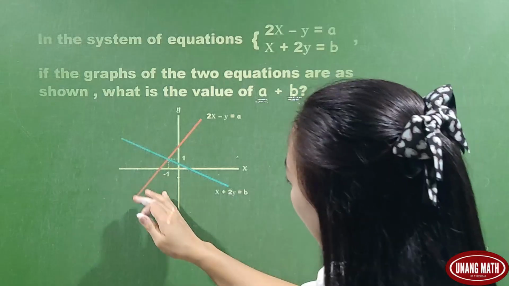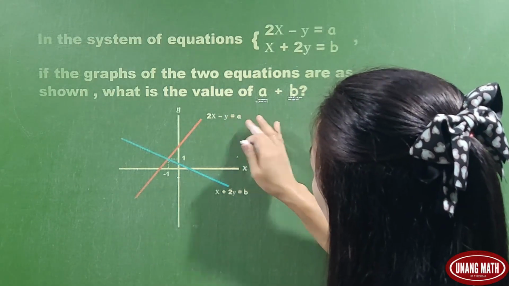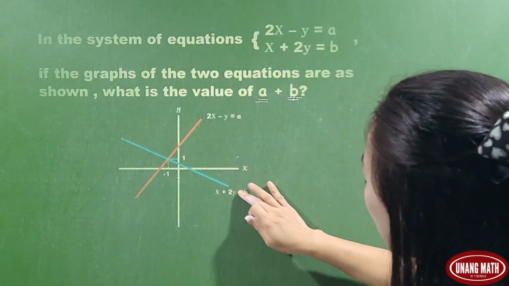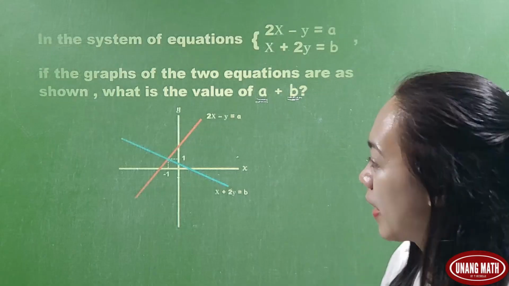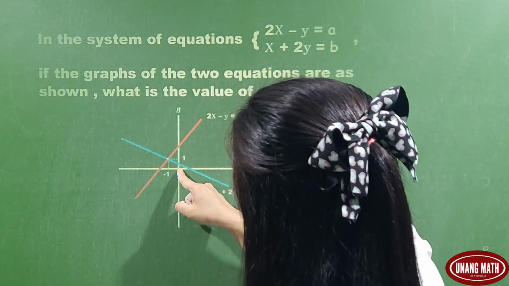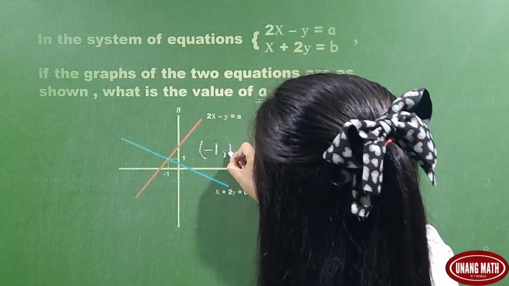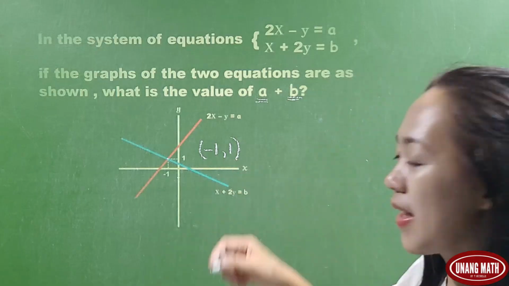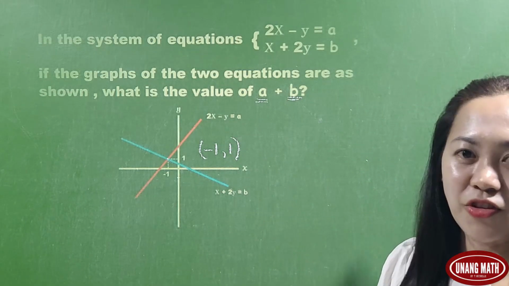In this graph, this red straight line is the graph of 2x minus y is equal to a. This blue straight line is the graph of x plus 2y is equal to b. These two graphs intersect or meet at this point, and the coordinates are (-1, 1). So it means this is the solution to this system of equations.